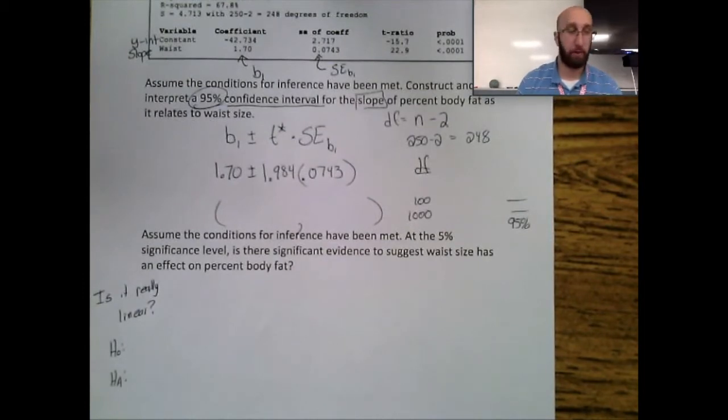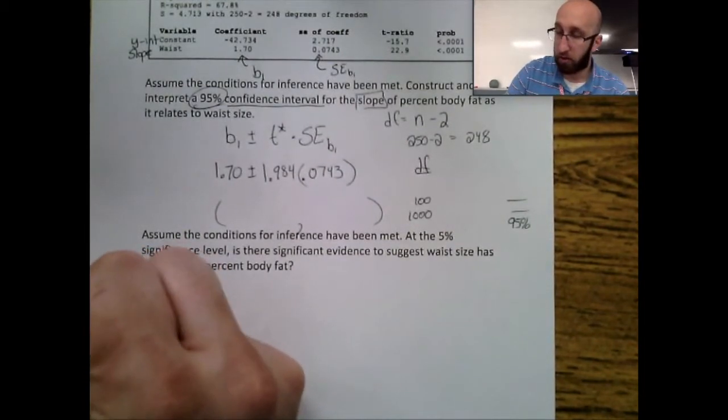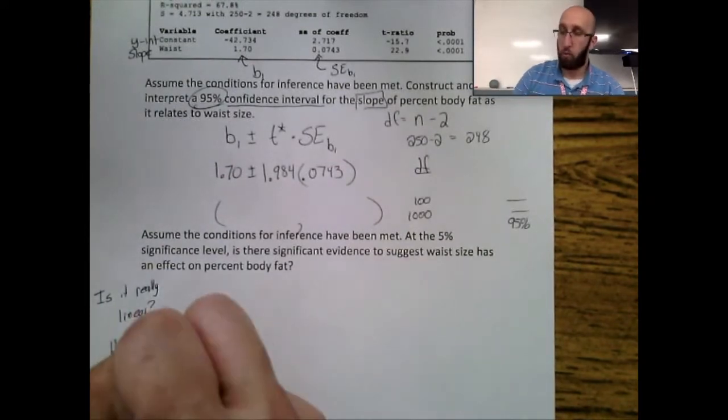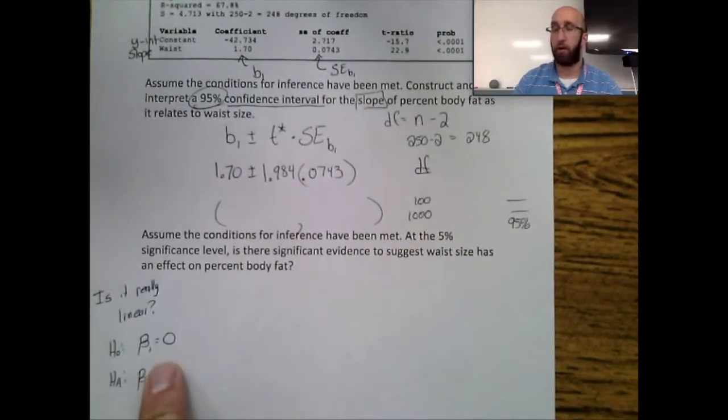So when we're doing our null and alternative hypothesis here, we're doing it on that population slope. What we're going to assume is that population slope is 0, aka this relationship is not linear. Okay, there is no relationship here. What we're going to try and prove is, no, there is a relationship, and it's either that slope's bigger than 0 or smaller than 0. So people are like, well, how do you pick?